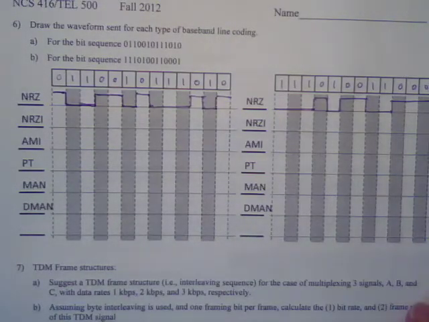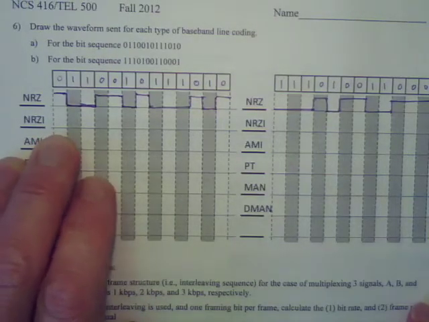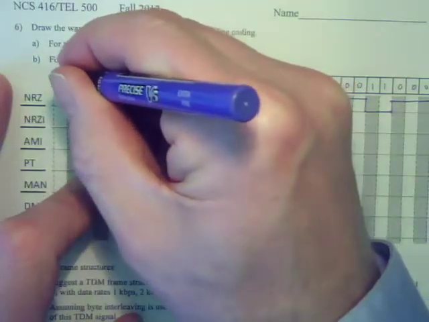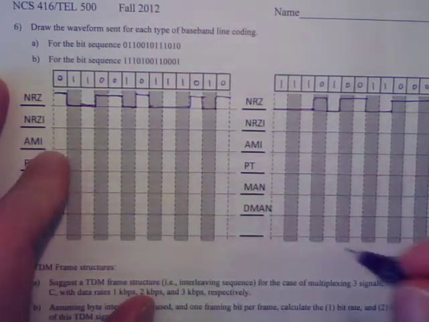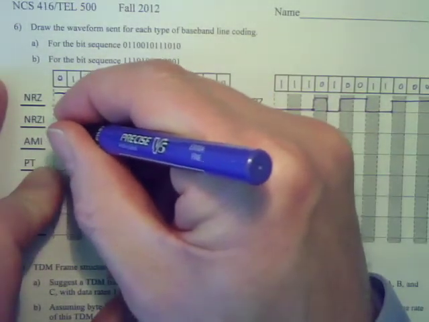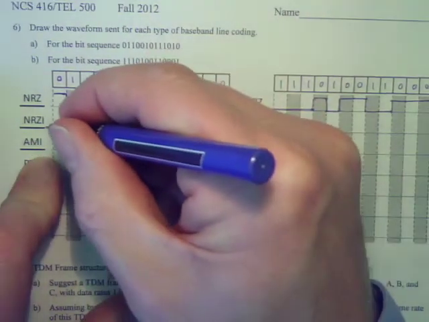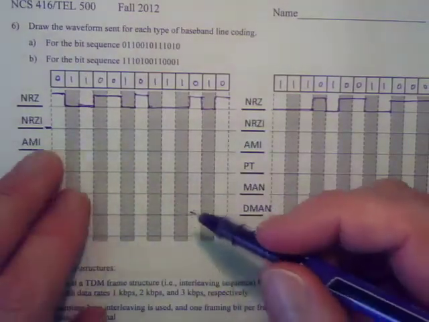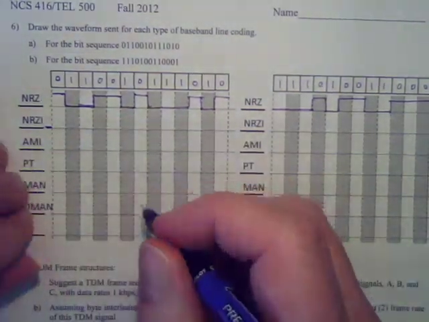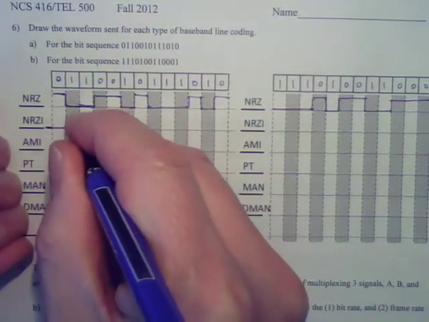You have to decide whether you're going to start at a 0 voltage or not before the first bit, so you just have to make a decision. Let's assume we're coming in with a 0 voltage on the previous bit, so a 0 gives no transition and a 1 gives a transition. So no transition, and when we hit a 1 we get a transition.